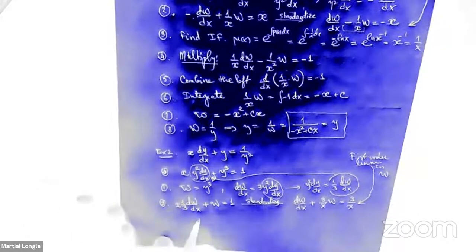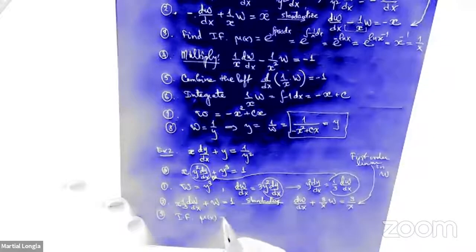Does that make sense? And now you recognize that this thing is first order linear in w. So we find the integrating factor, mu of x, and you just read the equation.